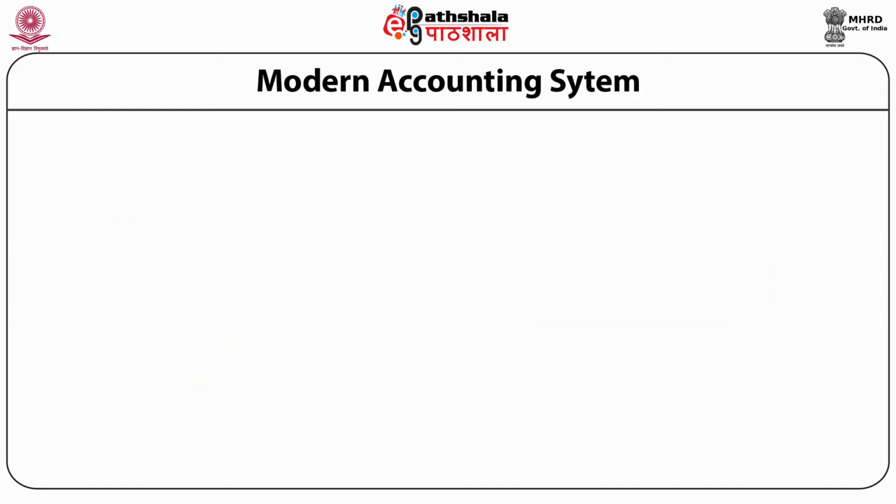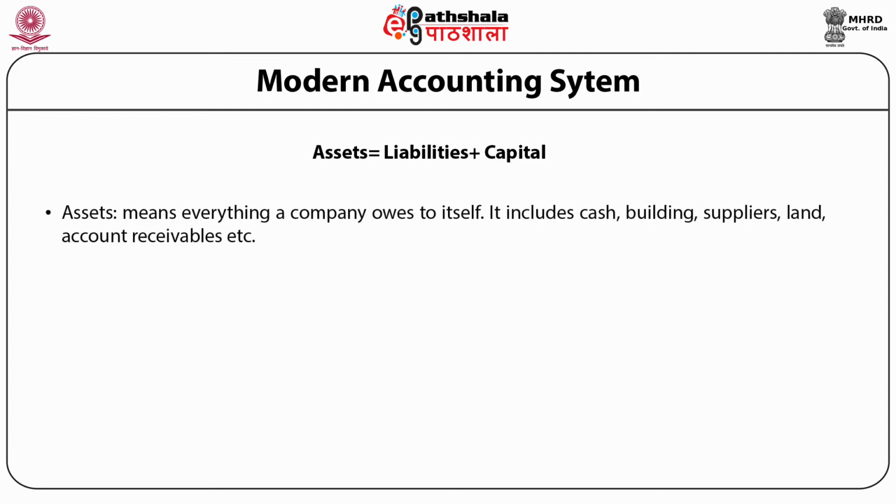Accounting equation is assets is equal to liabilities plus capital. Here assets means everything a company owns. It includes cash, building, stock, land, amount receivables, etc.